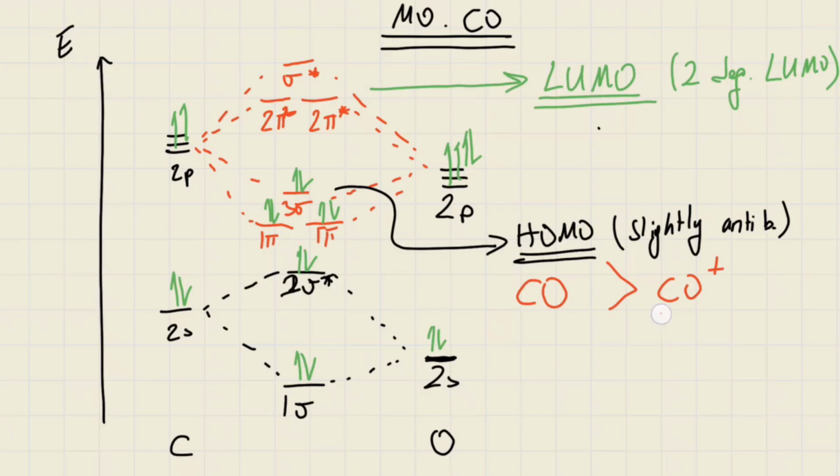Why? Since in CO plus we remove one of the electrons here, and it increases the bond order, and when bond order increases, the CO bond length decreases. So this is the experimental proof of the anti-bonding character of the HOMO orbital of the CO molecule.